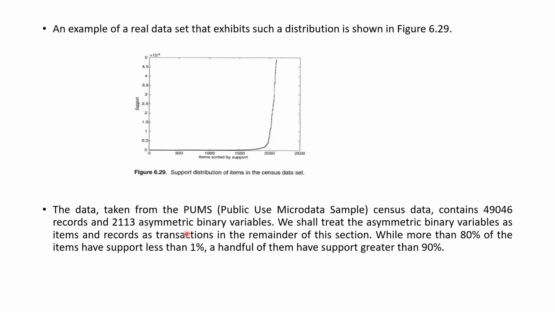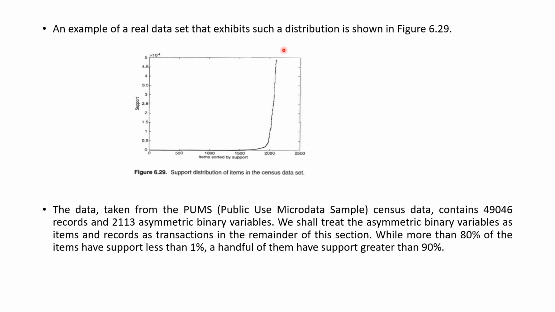See, for example, in this textbook, he has taken data from the Public Use Microdata Sample, which is census data. It consisted of 49,046 records with 2,113 asymmetric binary variables, and basically 80% of the items had support less than 1%, and a handful of them had support greater than 90%.